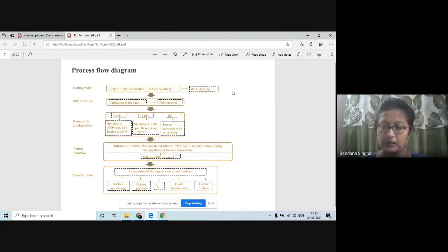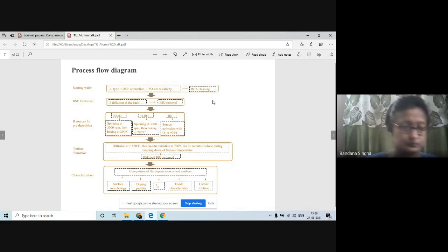As we are using N-type wafers, it is very essential to form an ohmic contact on it. For that purpose, n-plus diffusion is very essential, so we use phosphorus diffusion at the back side of the silicon wafers.